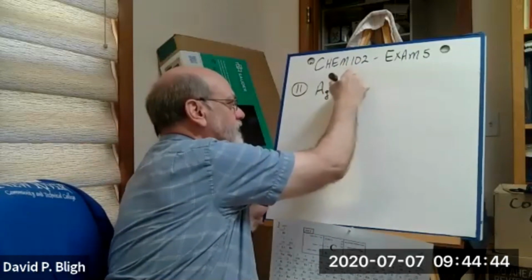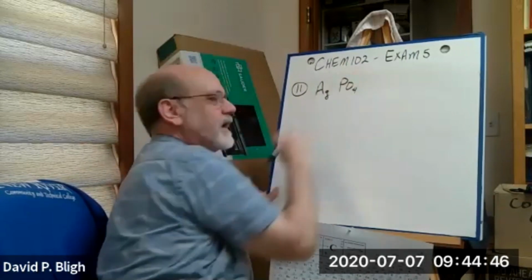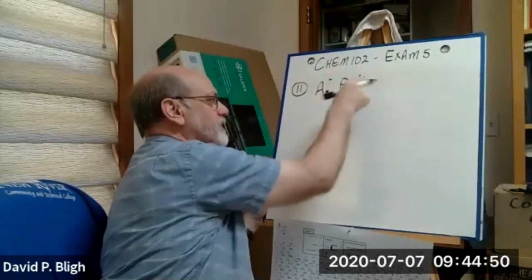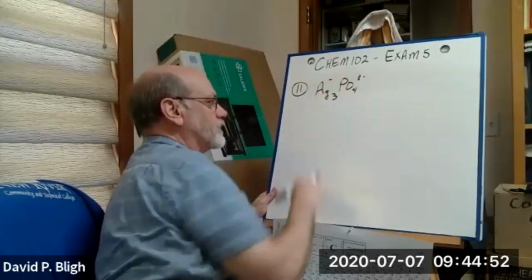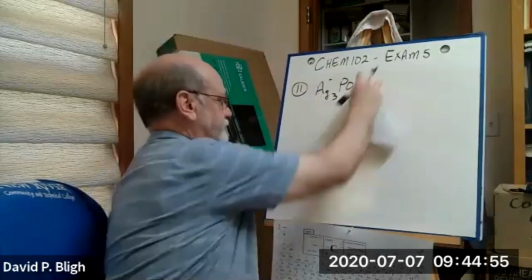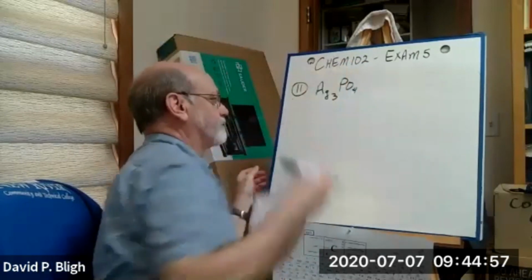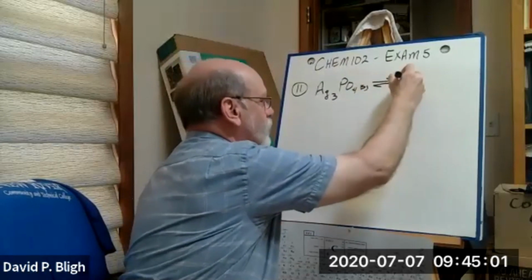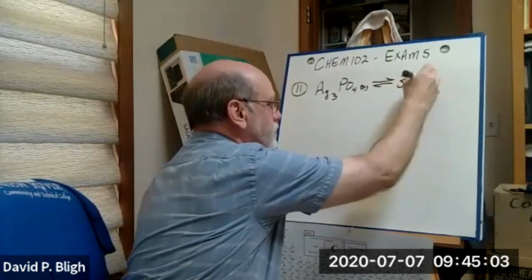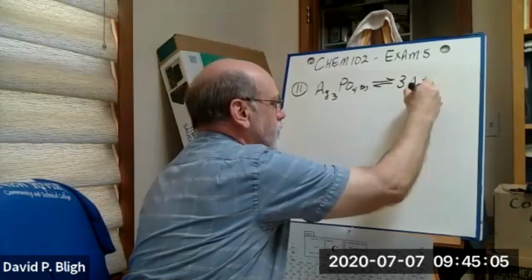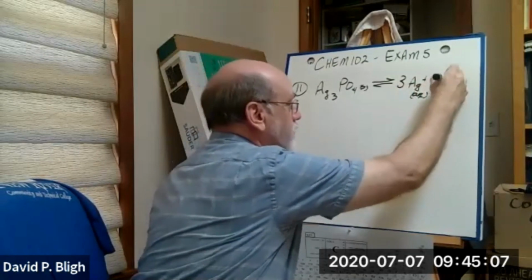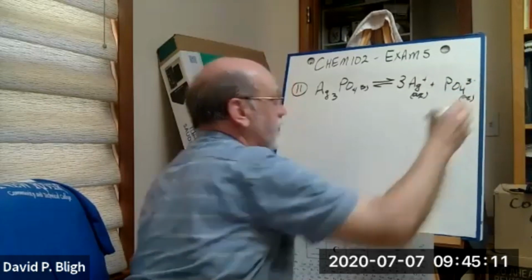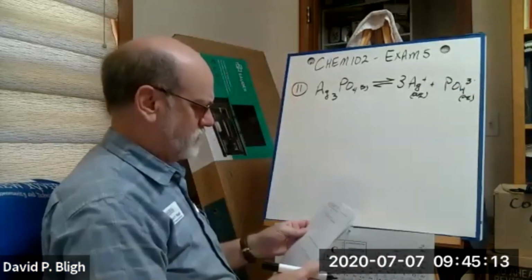And phosphate is a polyatomic ion that's always 3-. Right? So that means we have 3 of these, and 1 of those. So that will give us 3 of these, aqueous, and 1 of these, aqueous.